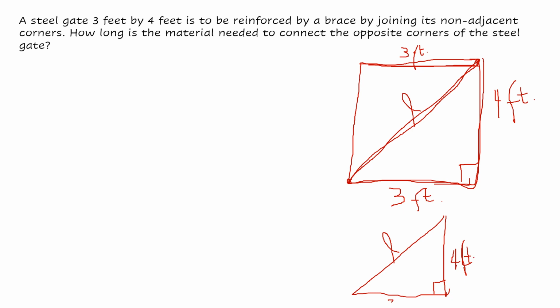So the Pythagorean theorem, or PT, is given by the formula a squared plus b squared equals c squared. Let's assume that a is to be substituted by 3. So 3 squared plus b, which is 4 squared.